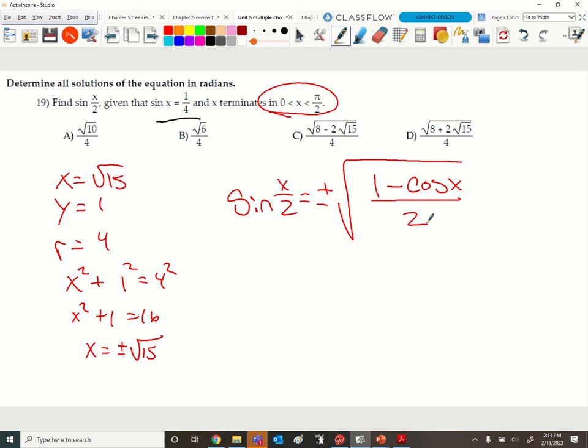So we've got to start plugging some stuff in. Now, this is in quadrant 1, so what do we know about the plus or minus? It's going to be positive, so I can get rid of that. My answer is going to look something like this: 1 minus cosine, given that, is going to be rad 15 over 4. All that is divided by 2.